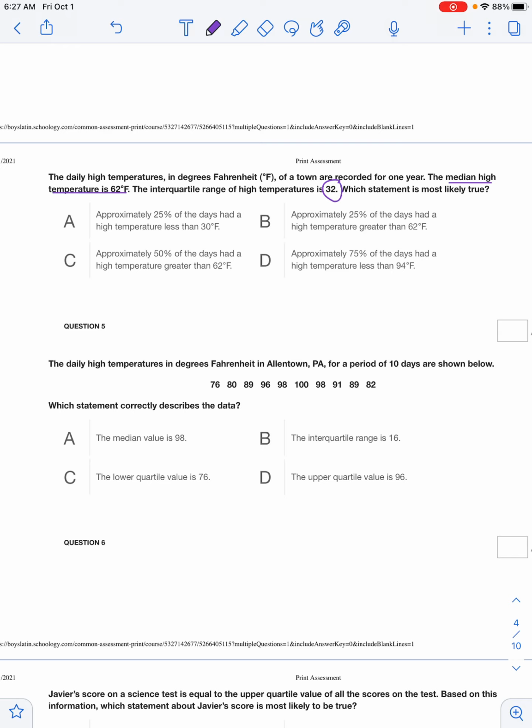So the median is at 62, and if you can imagine the interquartile range of a box plot, it is 32 degrees wide, right? And we don't know exactly where it starts and finishes, but we know it's 32 degrees wide.